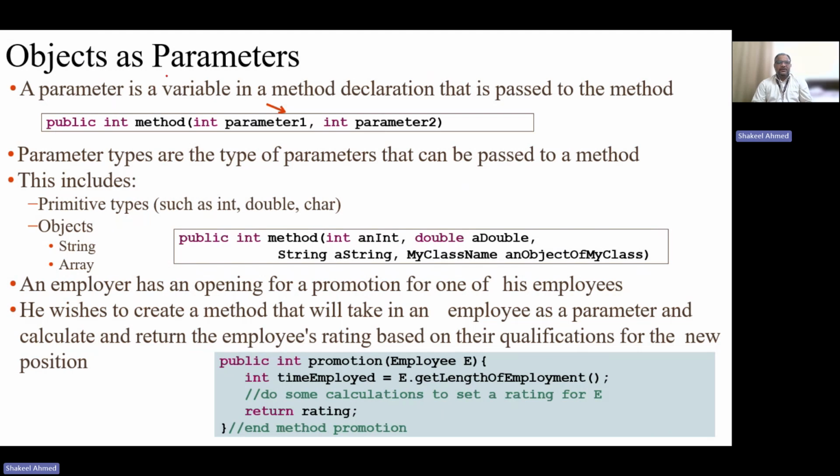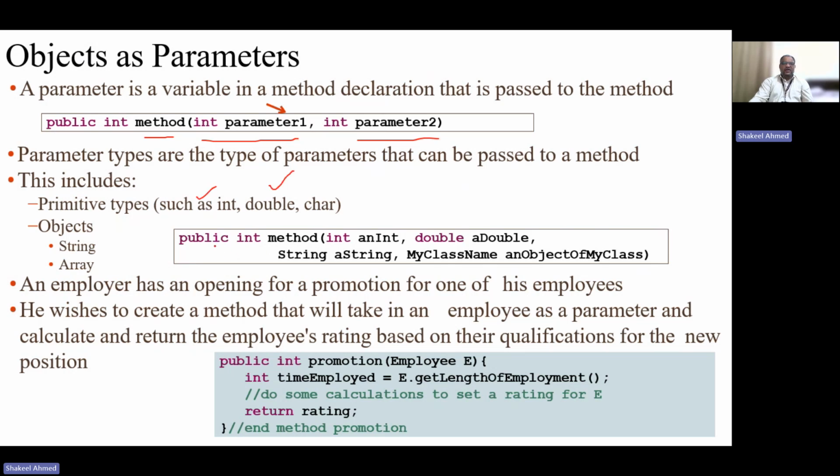Next, objects as parameters. As you saw, you can also use parameters. You have a public integer method, and then you can call it with parameters. Parameter types are the types of parameters that can be passed to a method, which can include integer, character, double, and string.